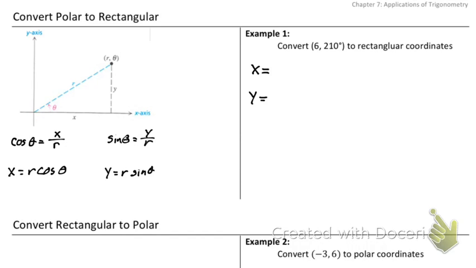So my x value is going to be my r, which is my 6, times cosine of 210 degrees, because 6 is my r value, 210 is my theta. And y is going to be 6 times sine of 210 degrees.